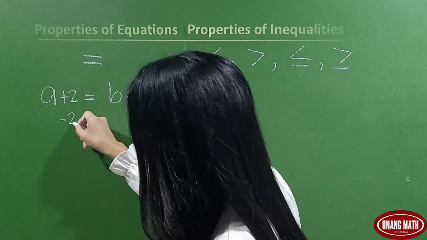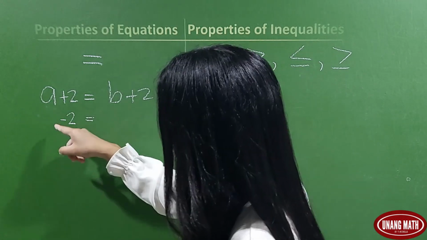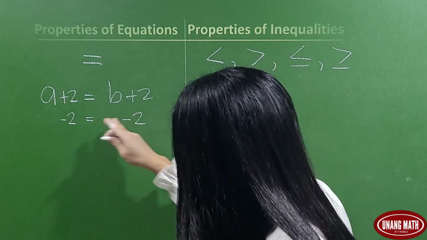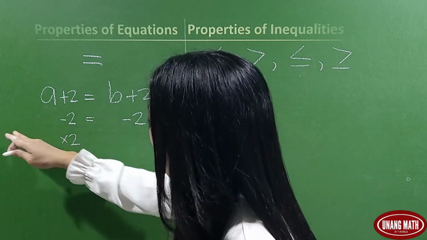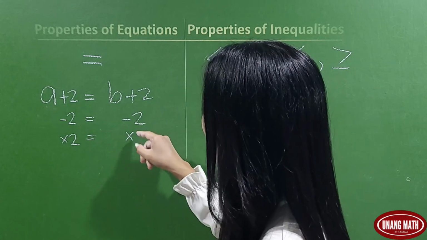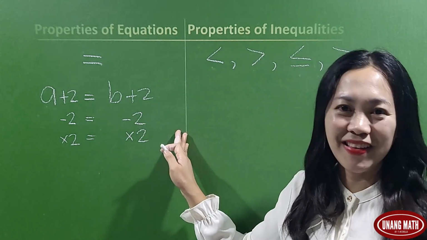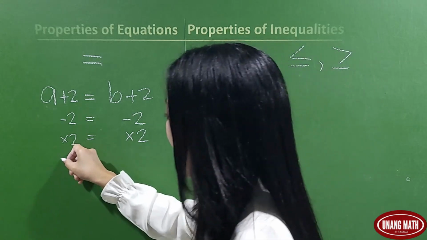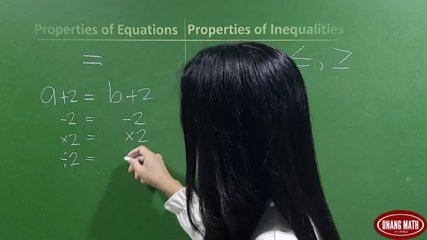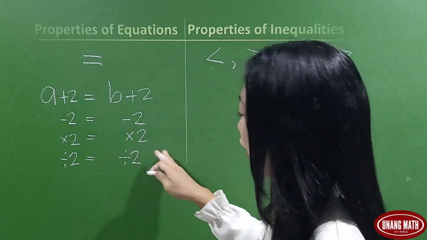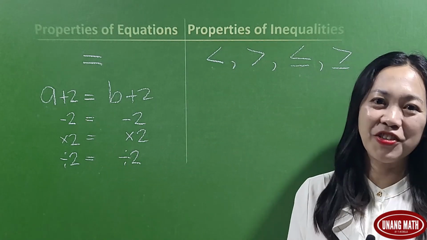If you subtract 2 on the left side, then to make this equal, subtract 2 also on the right side. Multiply 2 on the left side, then you have to multiply it also on the right side of the equation. Okay, and then if you divide 2 on the left side to make these numbers equal, you have to divide 2 also on the right side of the equation.